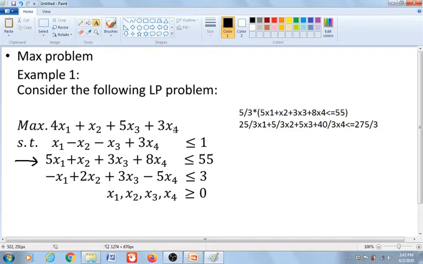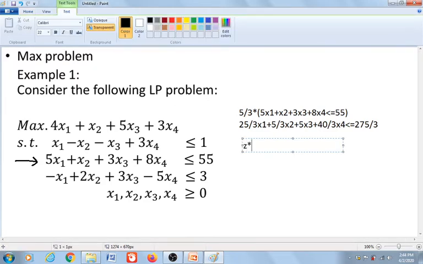So we can conclude that if we solve the original problem and we get the objective function value, z star, then based on the fact that 25 over 3 is bigger than 4, 5 over 3 is bigger than 1, 5 is equal to 5, and 40 over 3 is bigger than 3, we are sure that z star will be less than or equal to 275 over 3.